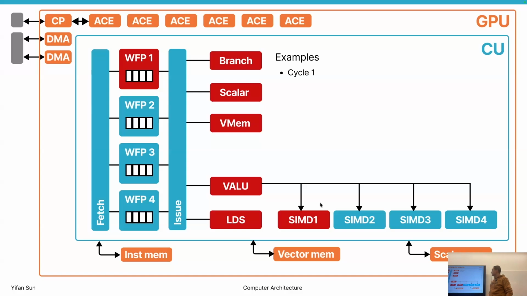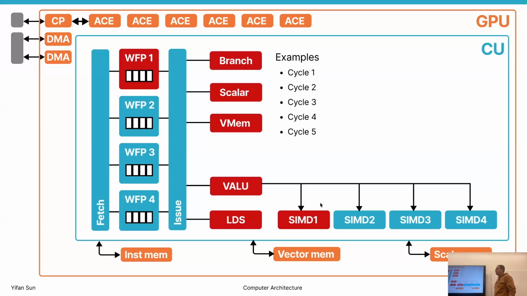In cycle 2, we issue from wavefront pool 2, then we go to SIMD2. Cycle 3, we go from wavefront pool 3 to SIMD3. Cycle 4, we go there. Then in cycle 5, we go back to wavefront pool 1 and issue to SIMD1. It's a round robin process: 1, 2, 3, 4.